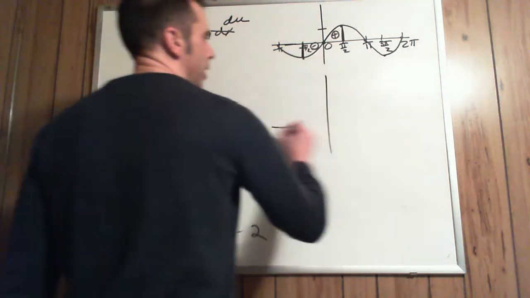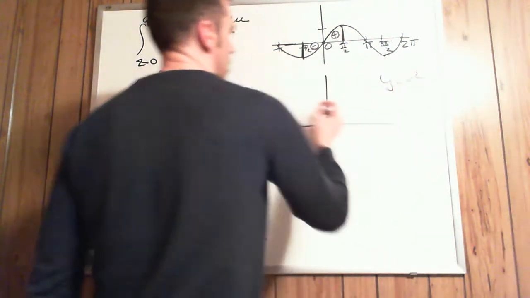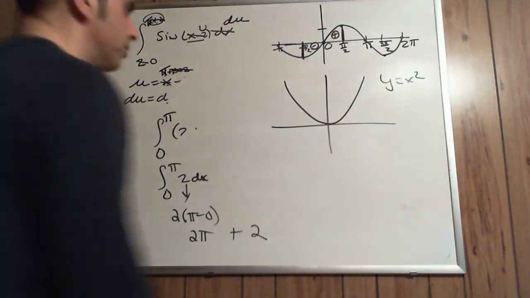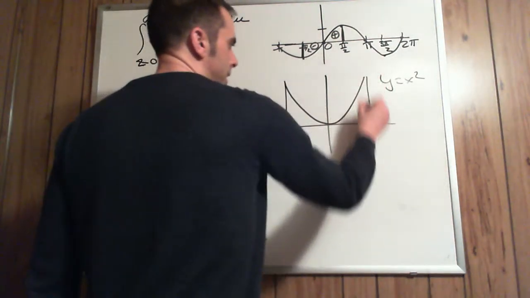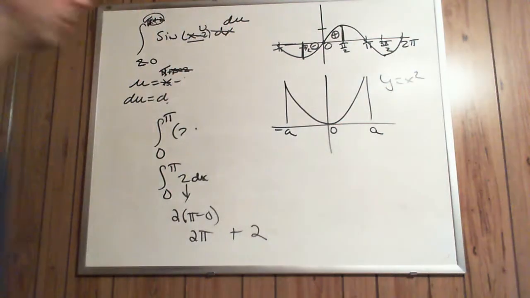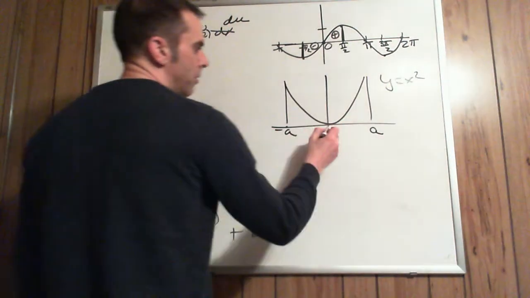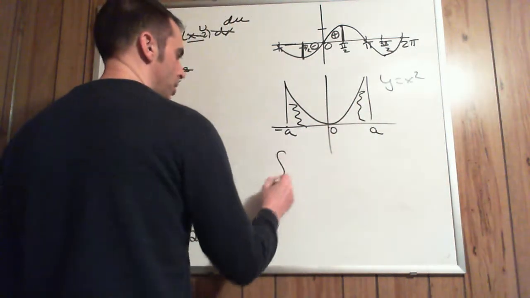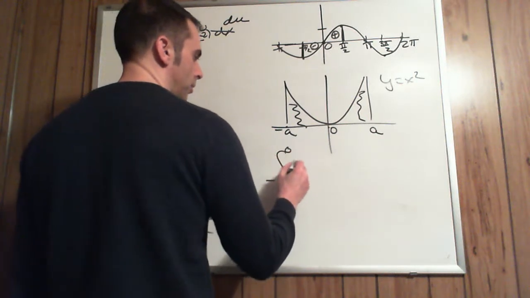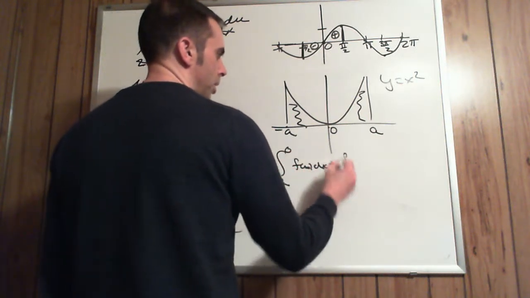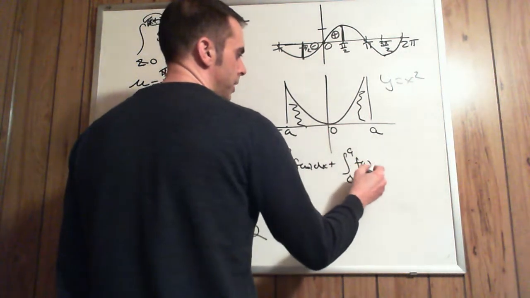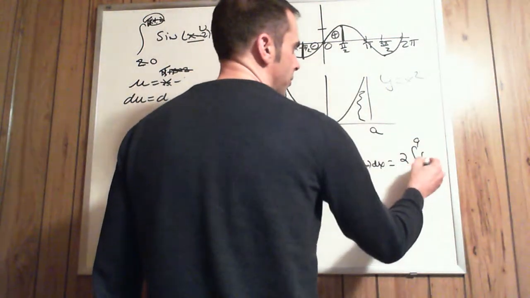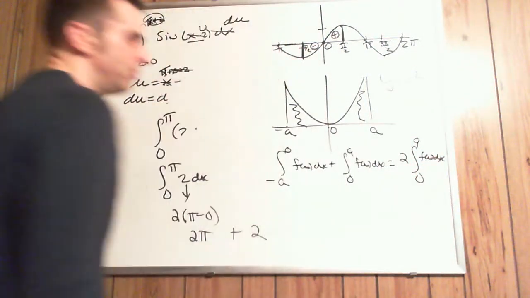So if you think about this like y equals x squared, which has y-axis symmetry, that means the y-axis cuts it in half. So from negative a to a, we're breaking it up at 0. Well, I've got the same area from negative a to 0 as I've got from 0 to a. So the area from negative a to 0 of f of x dx plus the area from 0 to a of f of x dx really just equals twice the area from 0 to a of f of x dx when f is even.